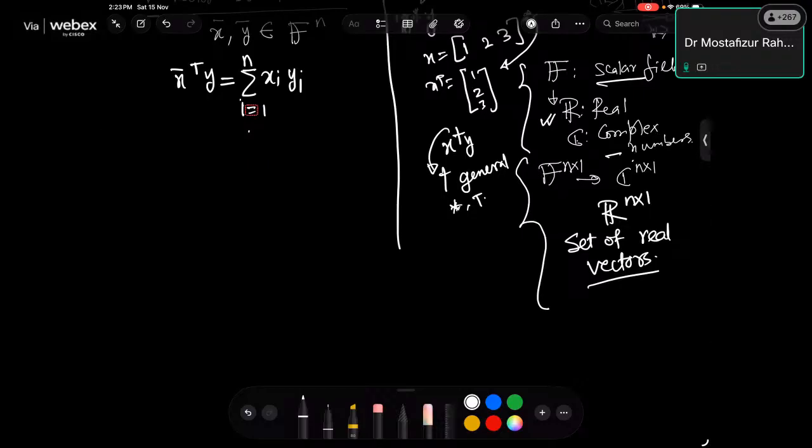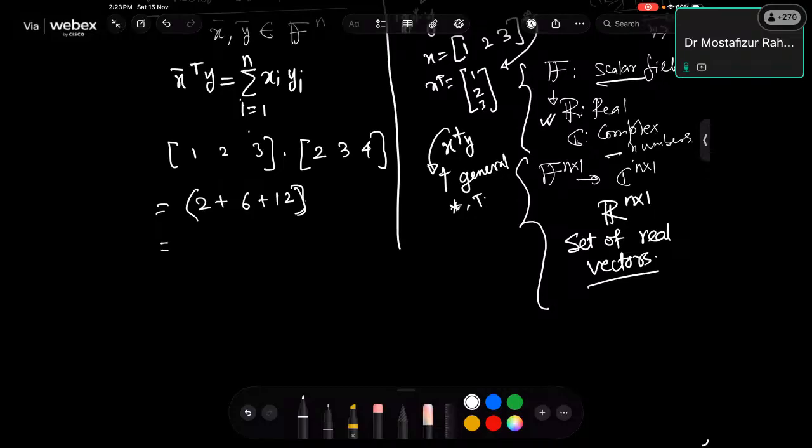For example, if I have 1, 2, 3 and I am doing the dot product with 2, 3, 4, individually I multiply. So 2 into 1 is 2, plus 3 into 3 is 9, plus 3 into 4 is 12. So what is the answer? 2 plus 9 plus 12 is 23. This is what is done in a dot product, right?